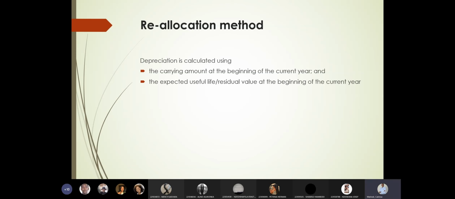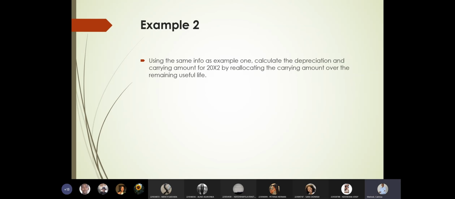Yesterday, someone gave an answer of about 25,000, and I think you arrived at that answer by using the reallocation method. So we're going to look at the question.